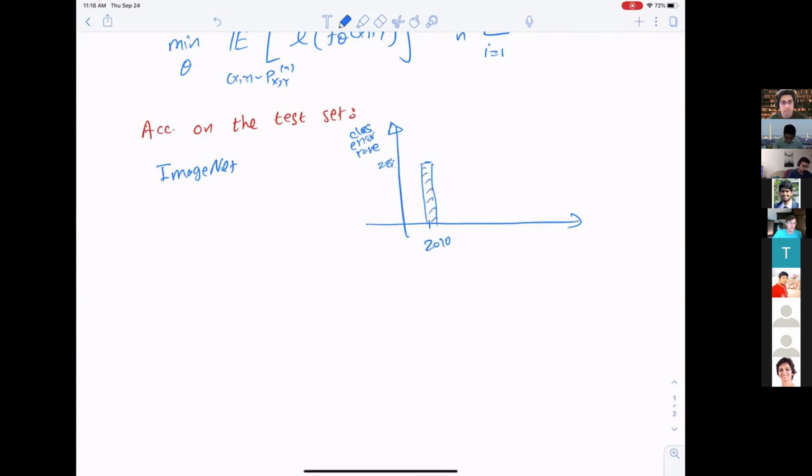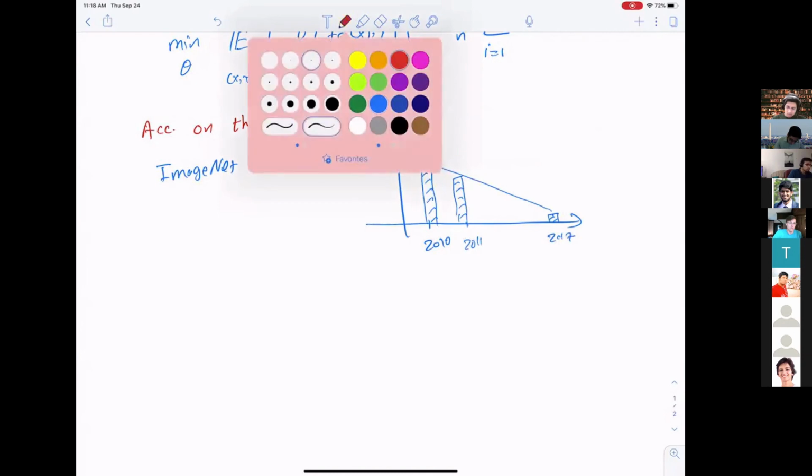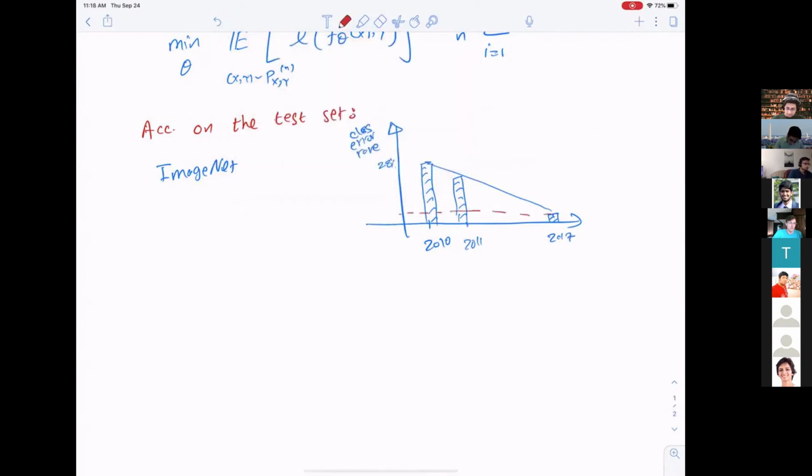And since then, we have improved. The models are trained in a better way, and the architectures that we use are better. So in fact, we could obtain an error rate of, roughly speaking, 2 to 3% on ImageNet.